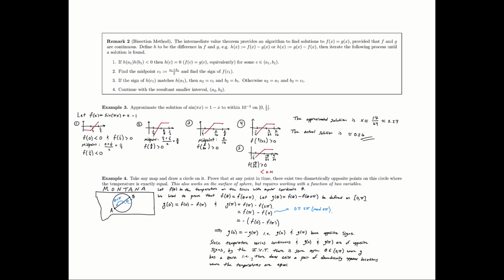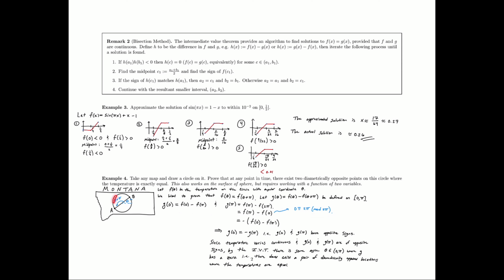And you can use this argument to show lots of things that vary continuously. There has to be some sort of equality, some sort of symmetry. The neat thing when you think about this is that it's a really big calculus idea that you'll explore throughout Calc 1, Calc 2, Calc 3, depending on how far you go.